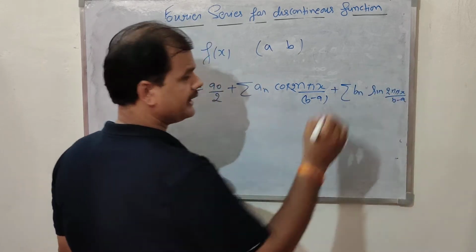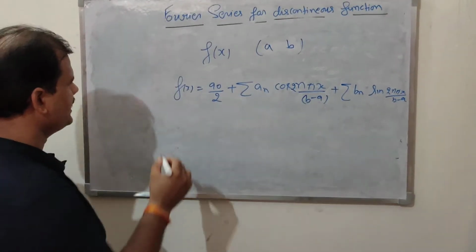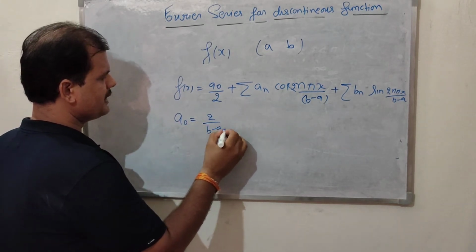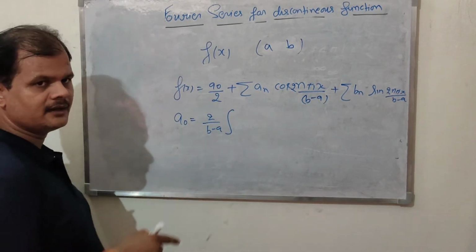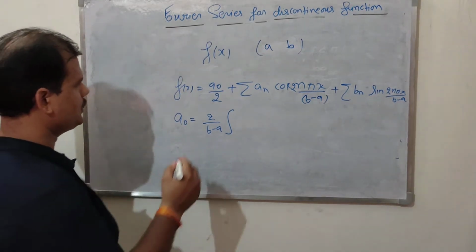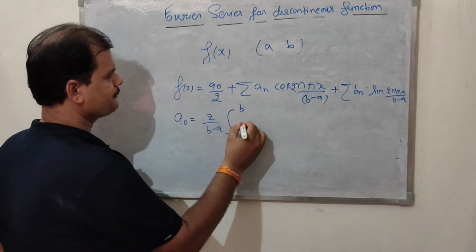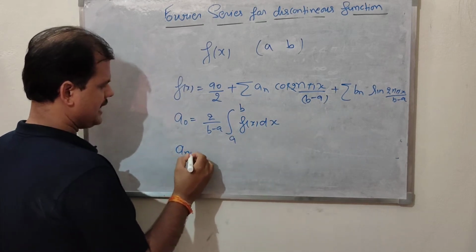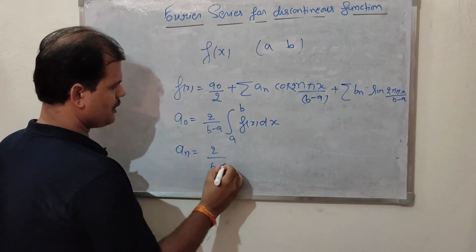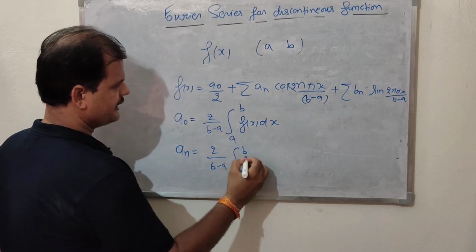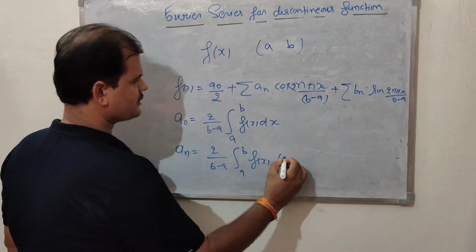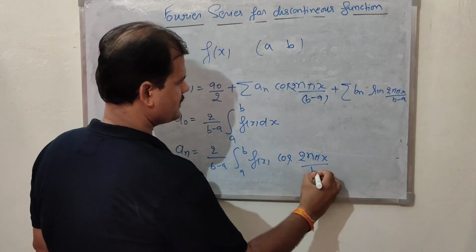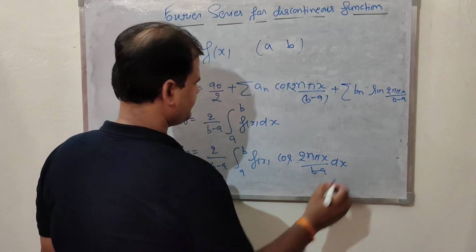Here a0 equals 2 upon b minus a. Earlier we had 1 by L, so L equals b minus a by 2, integral from a to b of f(x) dx, and an equals 2 upon b minus a, integral from a to b of f(x) cos 2n pi x by b minus a dx.